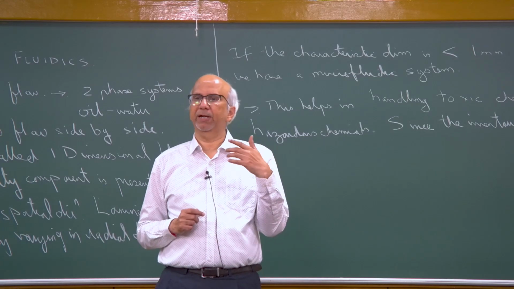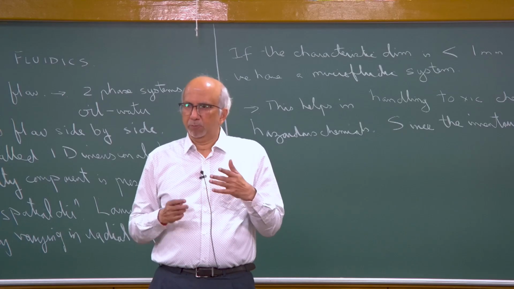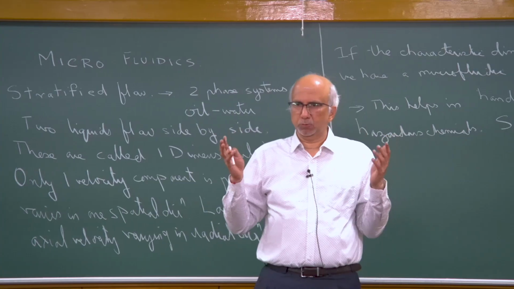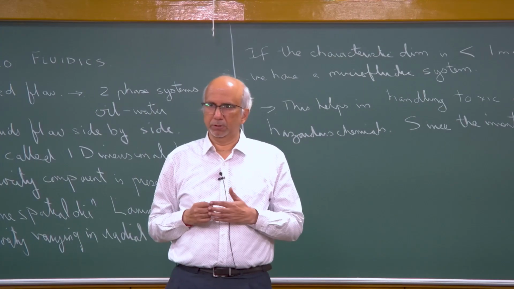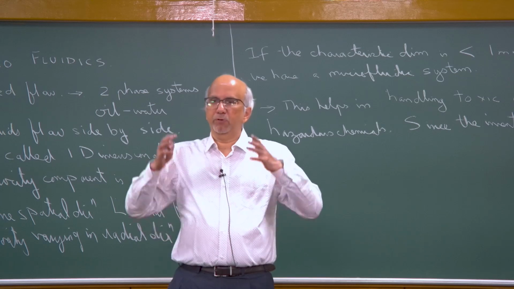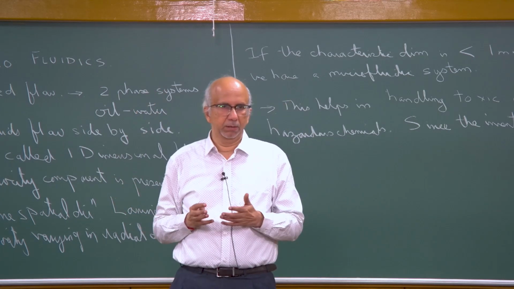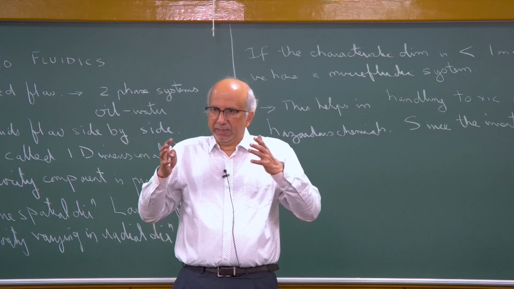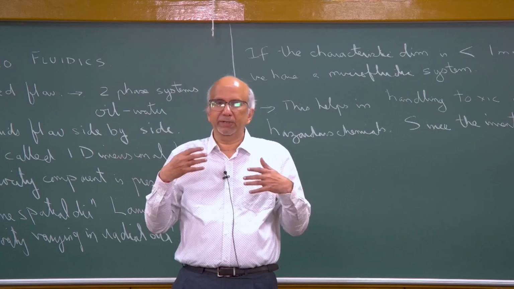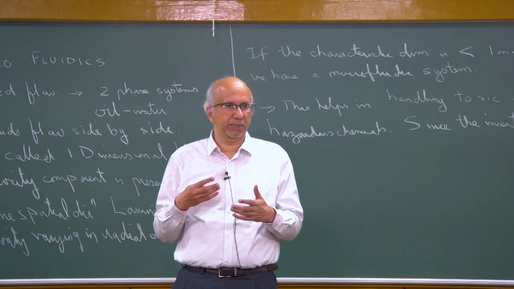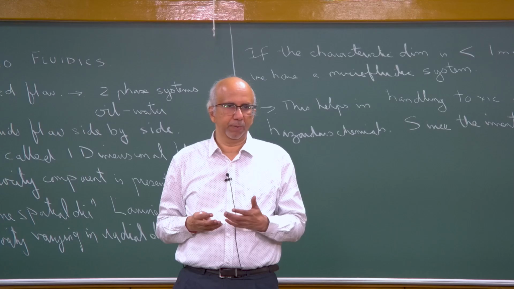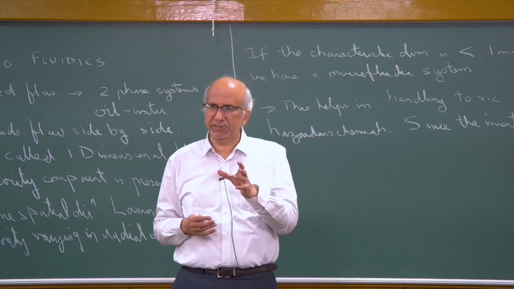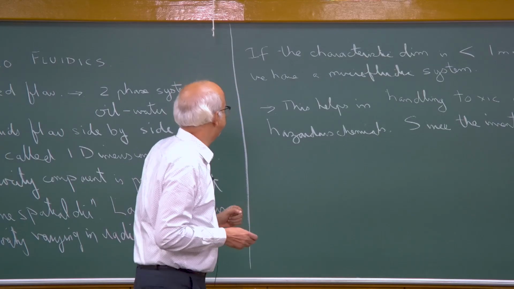If you want to conduct an exothermic reaction, whatever heat is being generated by the reaction can easily be lost to the environment, and the temperature will be controlled. If you want to do it in a big reactor, then the rate at which heat is being generated is much higher, and heat loss will be less. So, there is a likelihood of a runaway reaction, an explosion or something like that happening. To carry out exothermic reactions, the microfluidic setup is very useful.